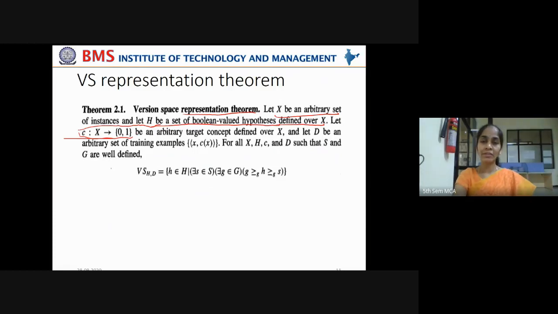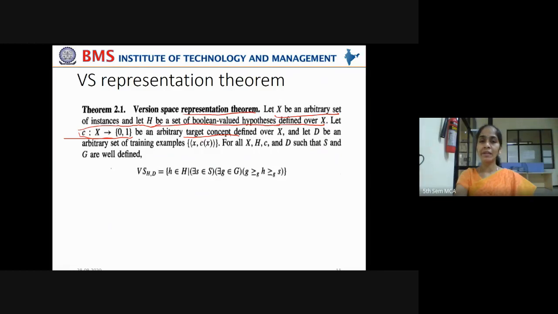What is the concept? It is trying to learn whether your friend will enjoy the sport, yes, that is 1, or no, that is 0. Okay. Now let C be an arbitrary target concept. Why are we saying it is arbitrary? It may be refined later as and when it encounters more training examples.